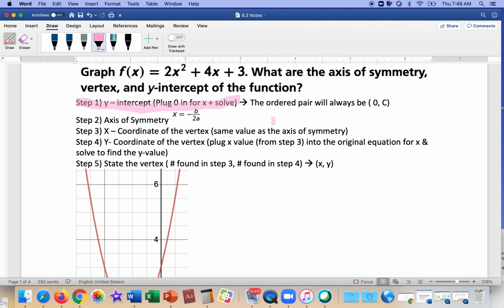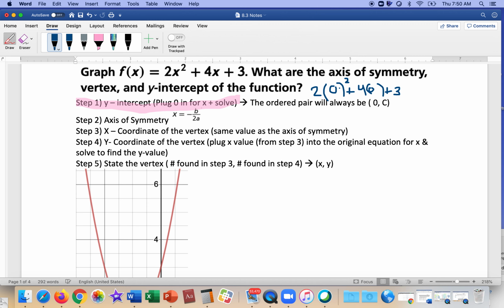So remember, if you want y and you don't want x, you're just plugging 0 in for x. That's y. You end up with 0, c, right?